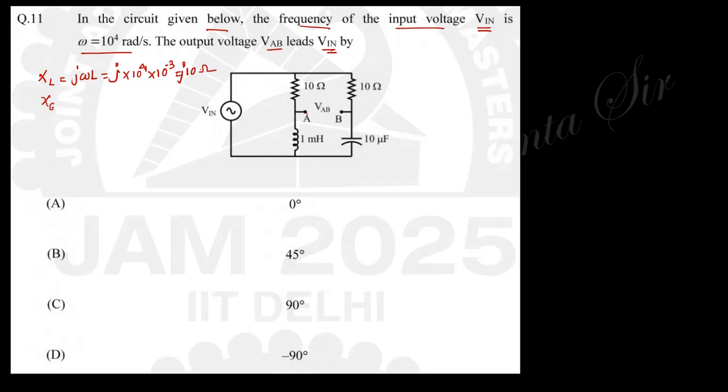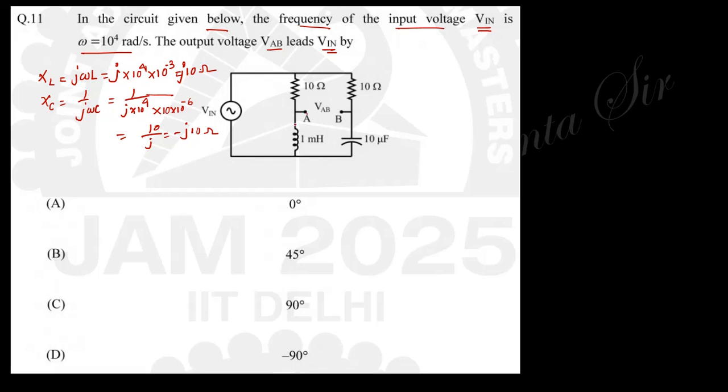And for the capacitor, 1 by j omega C, that is 1 by j times 10 to the power 4 times C, which is 10 micro, 10 to the power -6. So this gives you 10 by j, that is minus j 10 ohm.